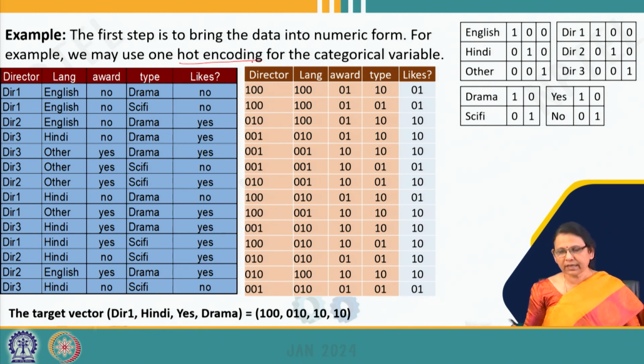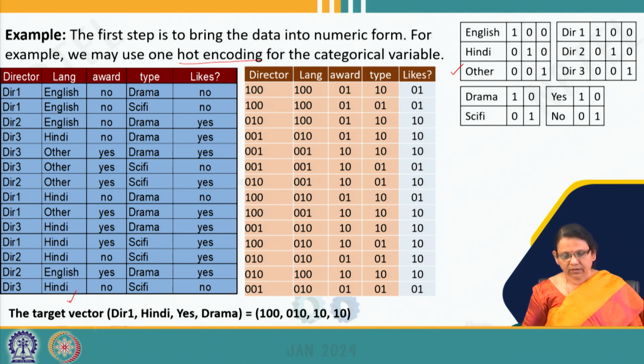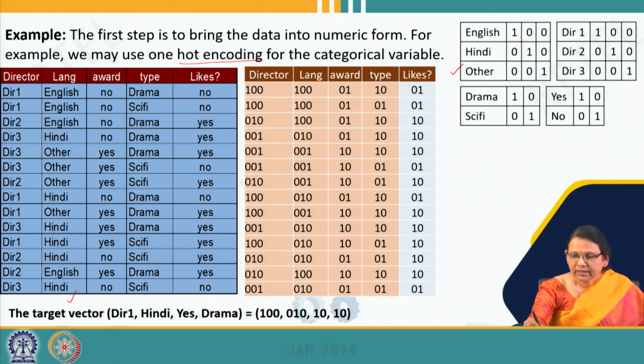So, we start encoding for English, Hindi and others. In language we have 3 things, English, Hindi and others. So, English can be represented 100, Hindi can be 010 and others 001.